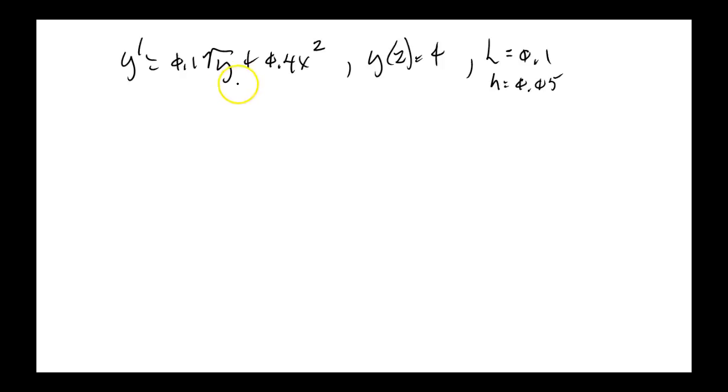This thing here is what we're calling our f of x, y, and this is our initial point, 2, 4.